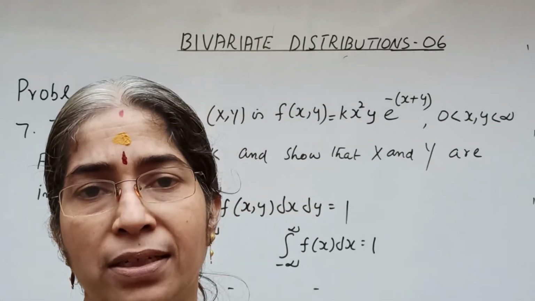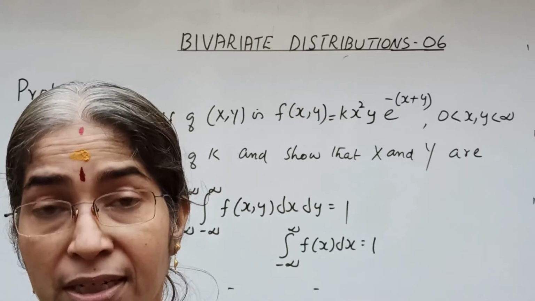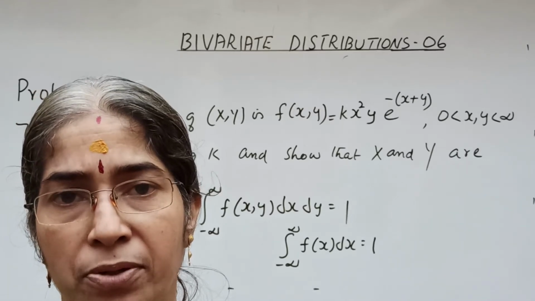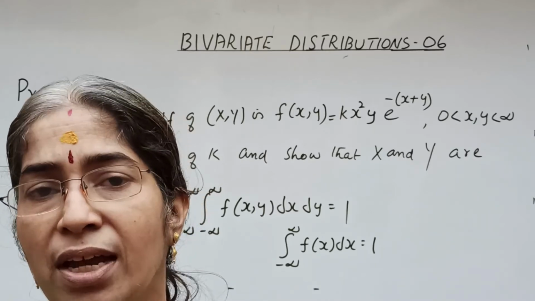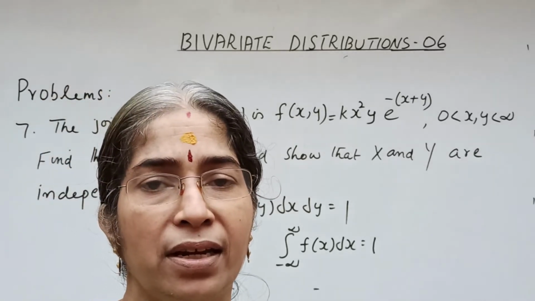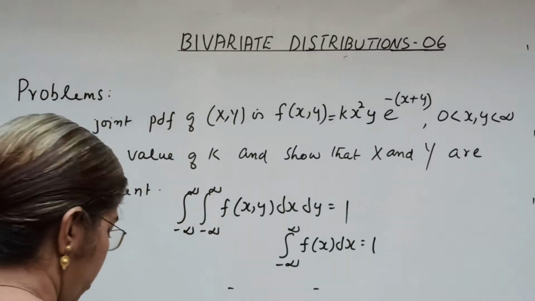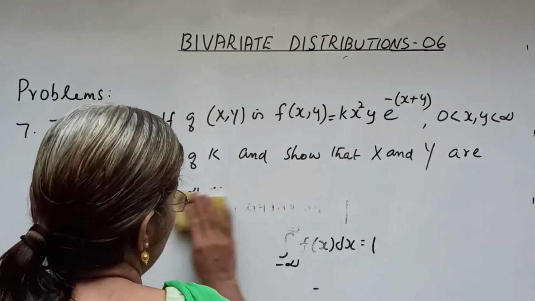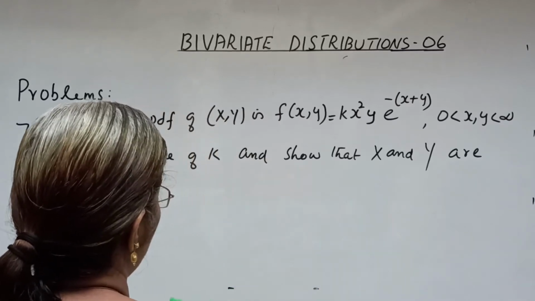The property that two random variables are independent is f(x,y) equal to f1(x) into f2(y), where f1(x) and f2(y) are the marginal PDFs of x and y respectively. Now f1(x) is the marginal PDF of x.